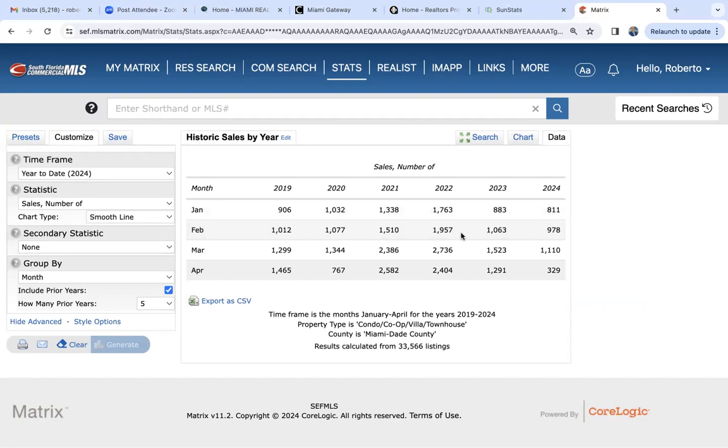Same thing goes with February, same thing goes with March, and so far, through 10 days in April, we're at 329 sales. Today's the 11th of April, but it's very early in the morning. So through 10 days of April, we are at 329 sales. All right, so it's trending where there's fewer sales.